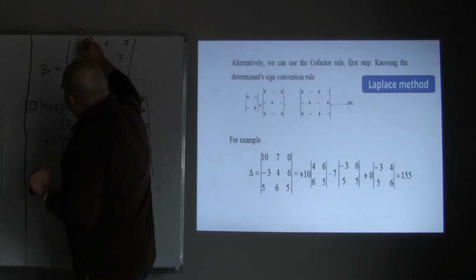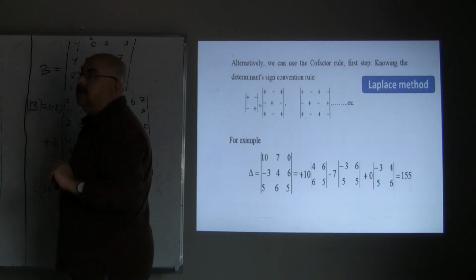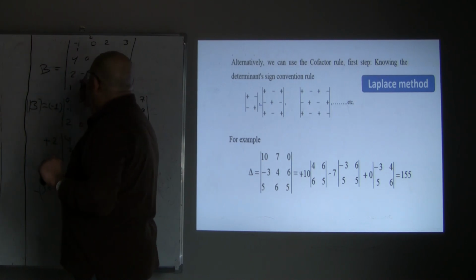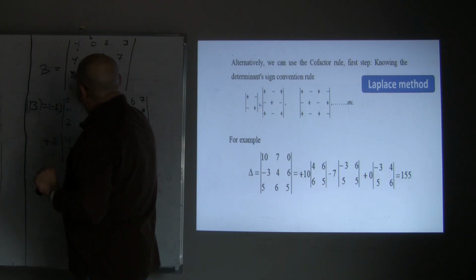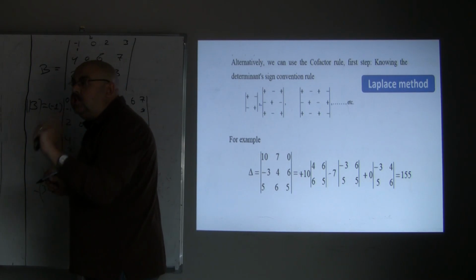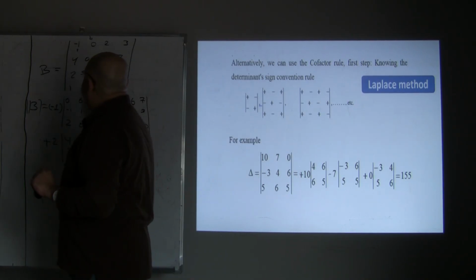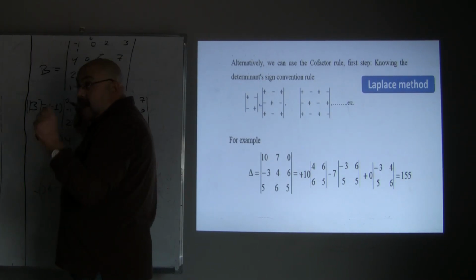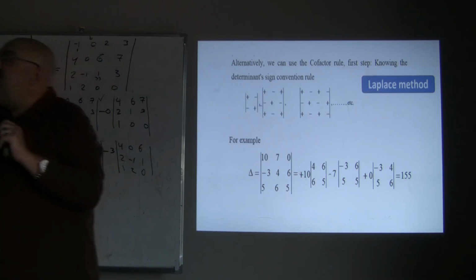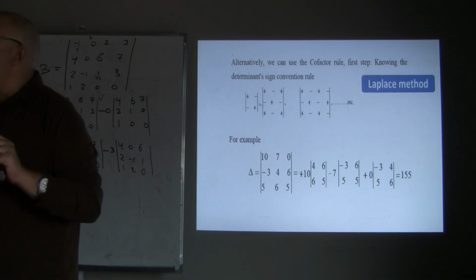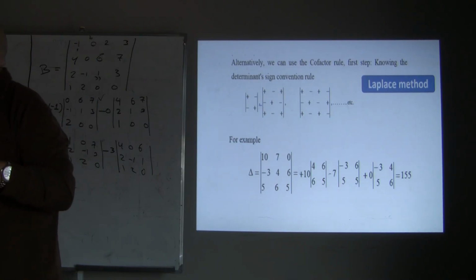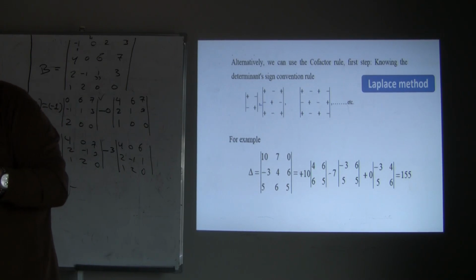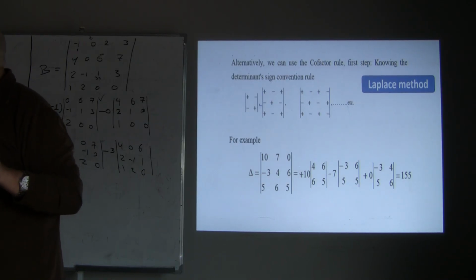This number is simply 1, 1: first row, first column. This number is 1, 2, 3, so it's the third row, and 1, 2, 3, so it's the third column. This is the position of this number. If you add them together and the result is even, the sign will be positive. If the result is odd, then the sign will be negative.